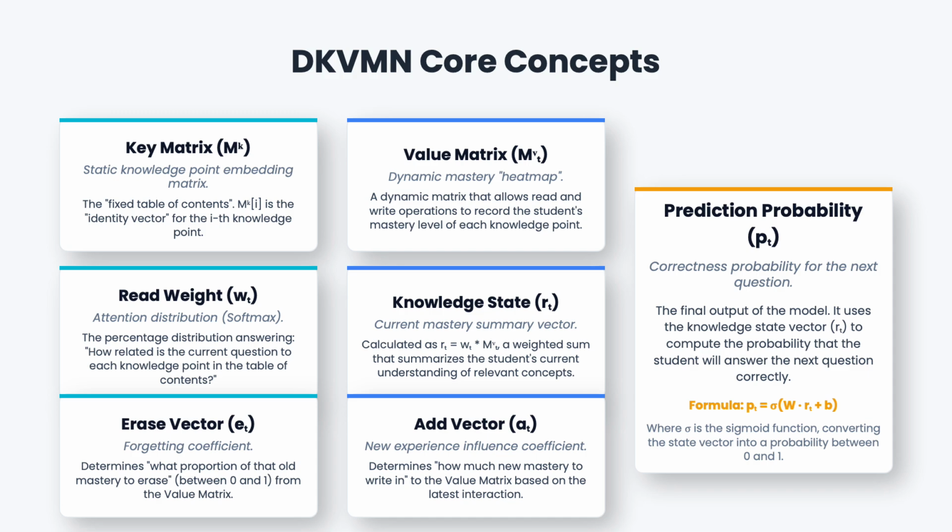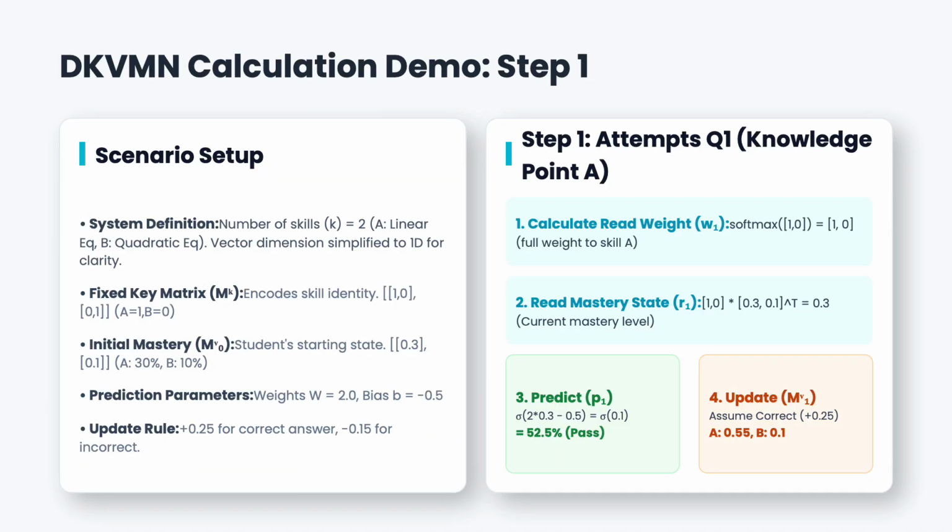This is where the erase vector and add vector, the editing tools, come in. They are responsible for erasing old, inaccurate mastery states and adding new, updated ones. These 5 parts work together to allow the model to memorize and learn in an organized and precise way, just like a human.